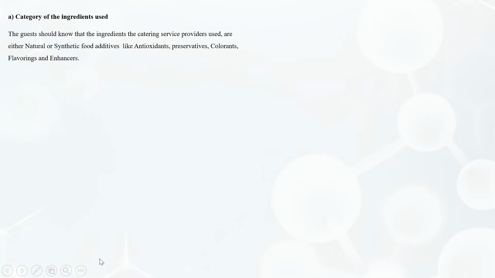Now, the first one is the category of ingredients used. And here is the answer: the guests should know that the ingredients the catering service providers used are either natural or synthetic food additives. And now they have given us the different additives like antioxidants, preservatives, then flavorings and enhancers.